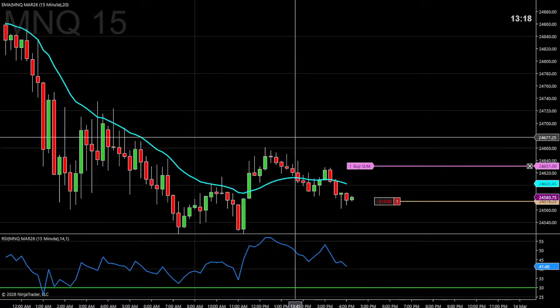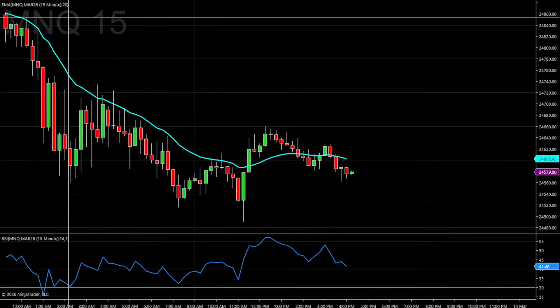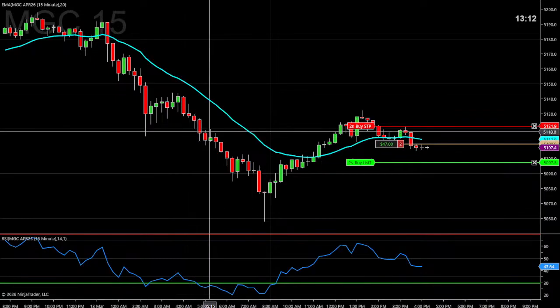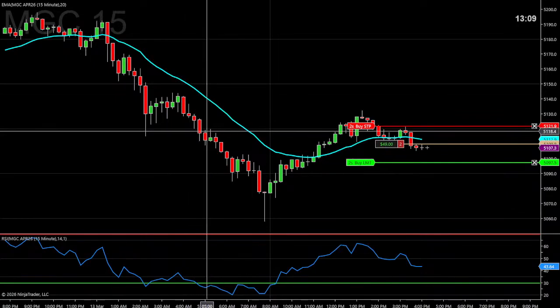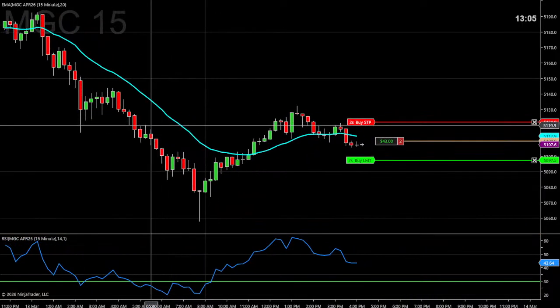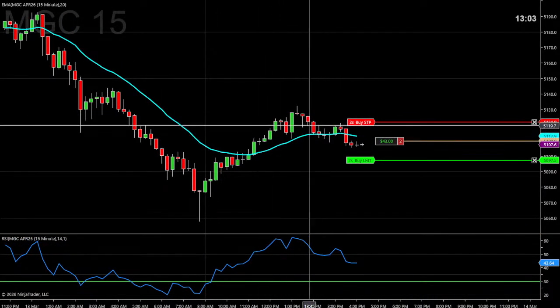On gold, you can barely see that there's actually a little bit of a pivot there. It's so small that it affected all this.